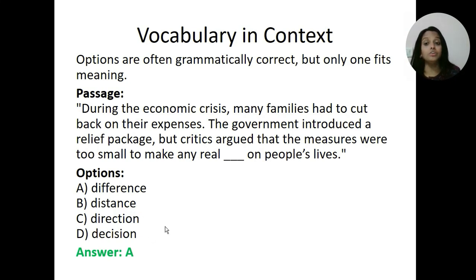And if you have taken direction, then that is also incorrect because it's about movement, aim, which does not match. And if you have taken the option decision, that is also incorrect because it means an act of choosing, it does not fit grammatically with make any real dash, any real decision on people's lives. No. So difference is the correct answer.